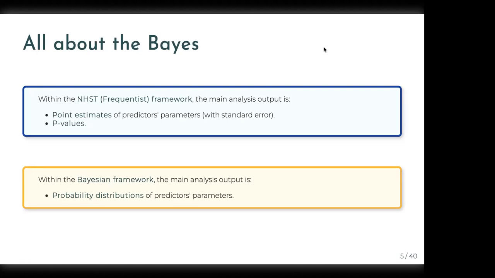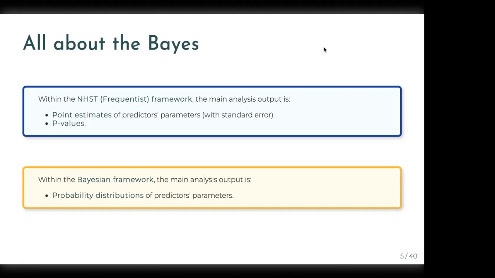It doesn't necessarily matter here, but generally there seems to be a tendency for people to interpret frequentist models using Bayesian concepts because they're much more intuitive. So in fact, Bayesian analysis tends to be much more intuitive than frequentist analysis, just because it's based on this idea of probability distributions. So this is basically the main difference between the two frameworks.